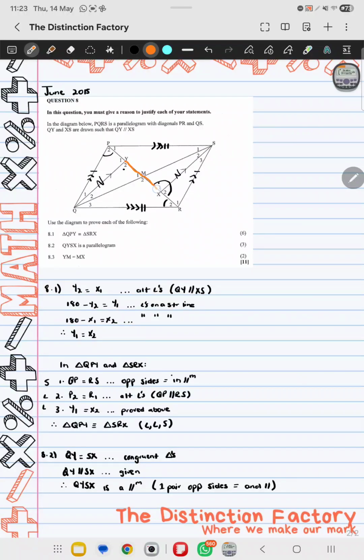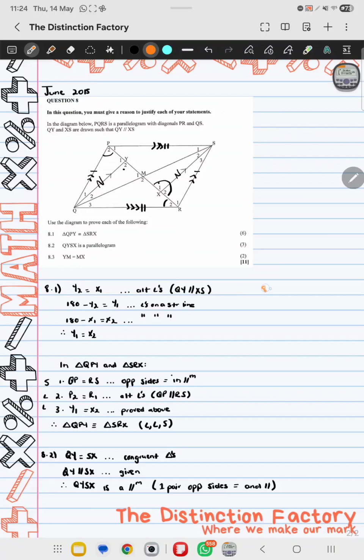So this line YX is a diagonal, and this line QMS is also a diagonal. So that means that they both intersect at point M. By default, that means YM is equal in length to MX, as the question has asked. So now we just have to put that into words.